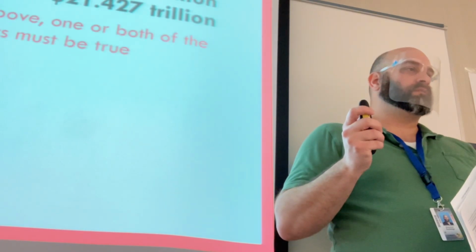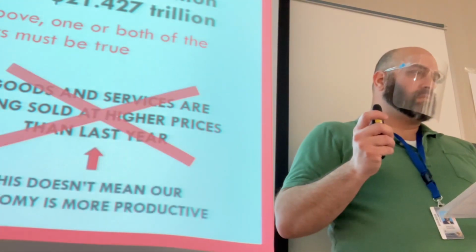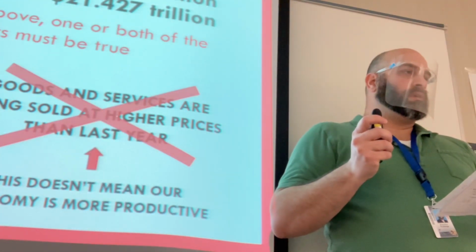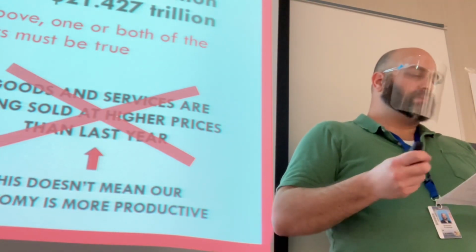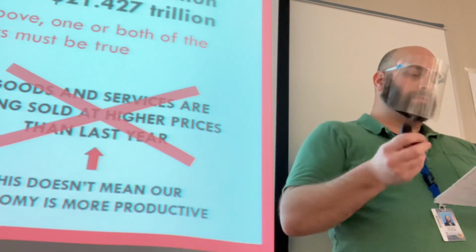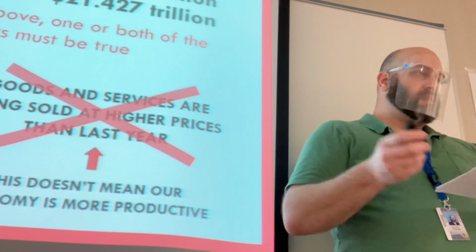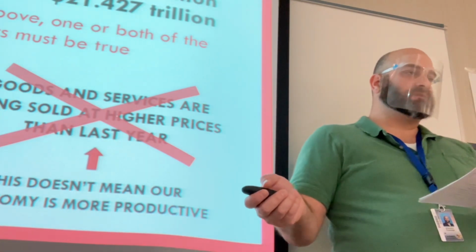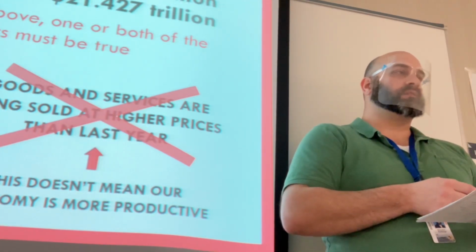So what are the two different kinds of GDP? Does anybody remember the two different kinds that we look at? We've got real versus nominal. And real would be based on the information above. One or both of the following statements must be true. So if it's not goods and services that are being sold at higher prices than last year, then the economy's producing more goods and services than last year.